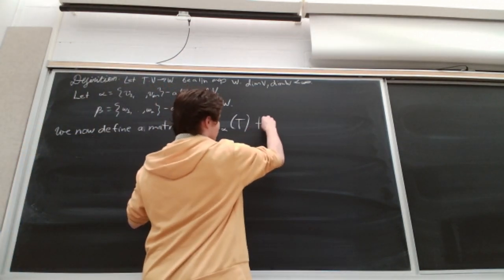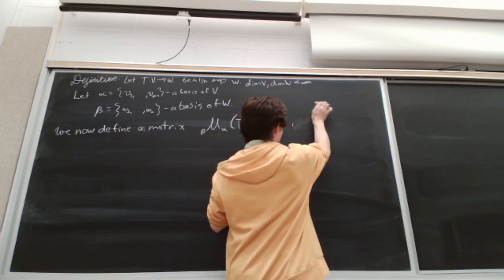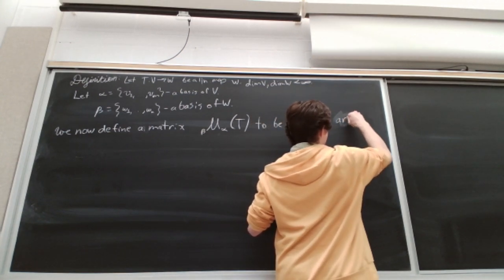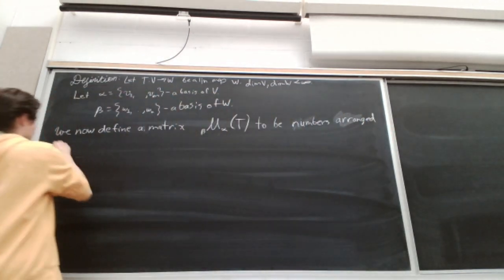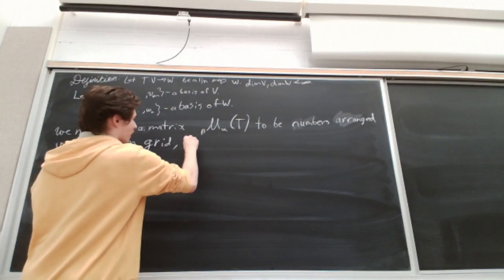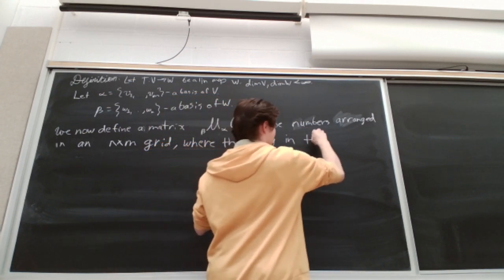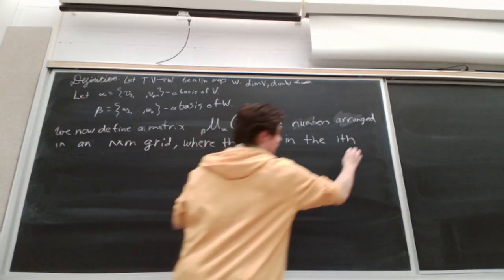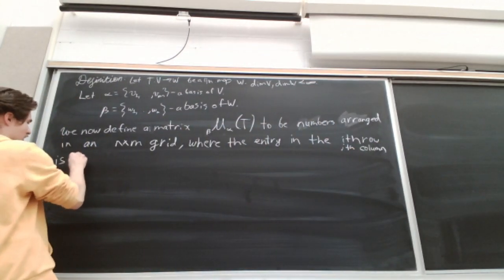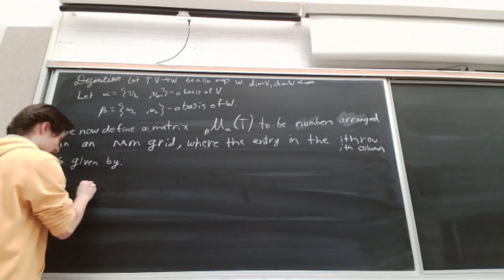Okay, to be numbers arranged in an n by m grid, where the entry in the ith row, jth column is given by Cij.